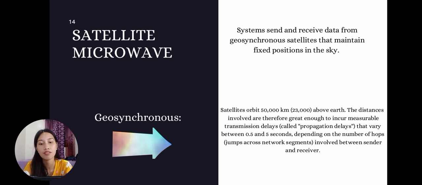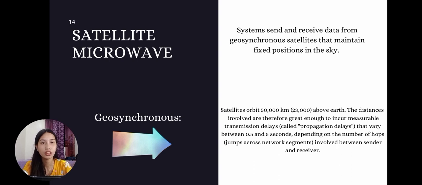This is how television signals and some long distance telephone signals travel from one side of the world to another. The sender beams the signal to a satellite visible on the horizon. The satellite relays the signal to one or more satellites until it comes onto the receiver's horizon, and then the satellite redirects the signal to the receiver.